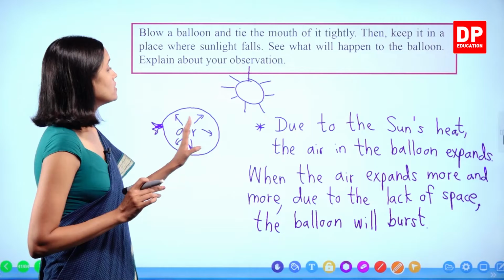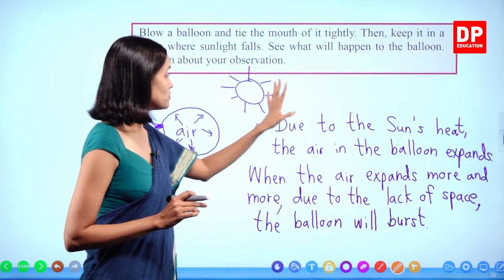Okay? Due to the sun's heat, the air in the balloon expands.